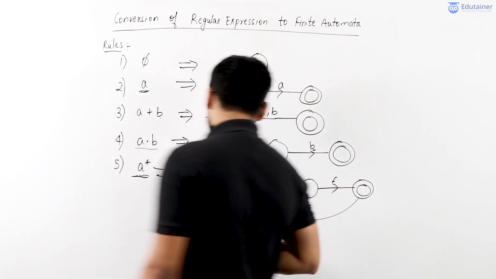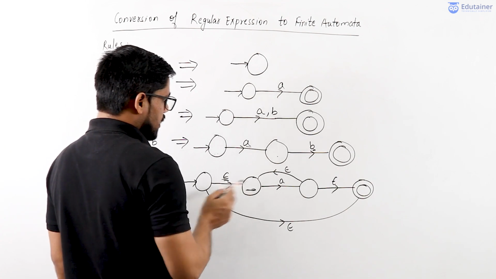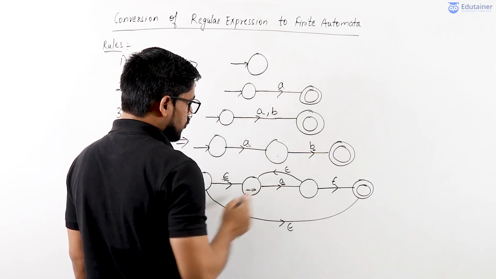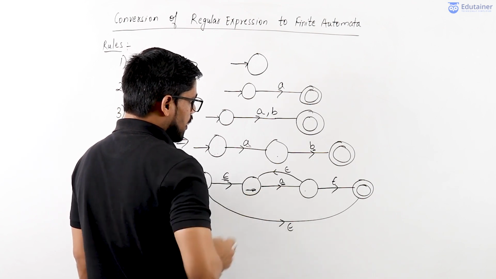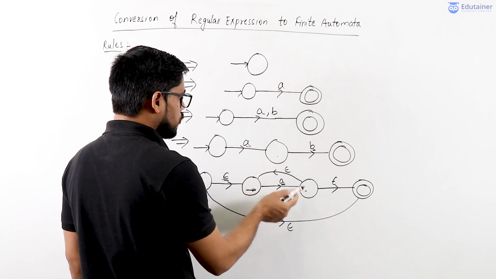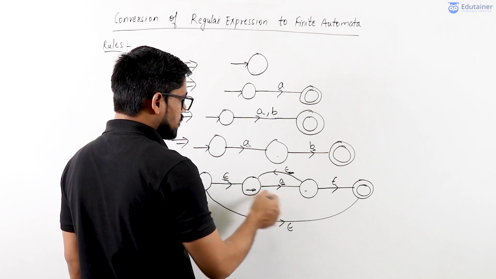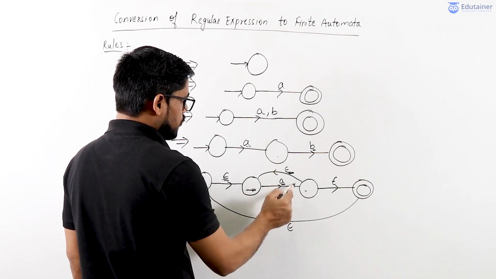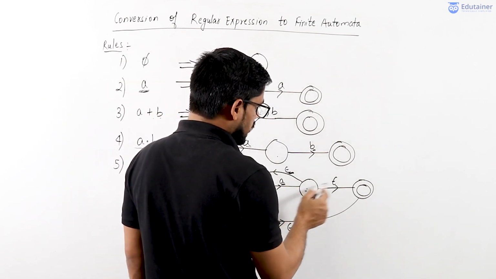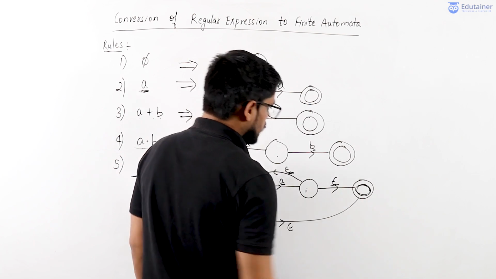From the initial state, if you make a transition by using the epsilon symbol, you will go to the second state. On the second state, you will make a transition on input alphabet A, you will go to the third state, and from the third state, you will make a loop by using the symbol epsilon. So here the loop is generated by using epsilon and the A input symbol. And on the third state, if you make again an epsilon move, then you will go to the final state.